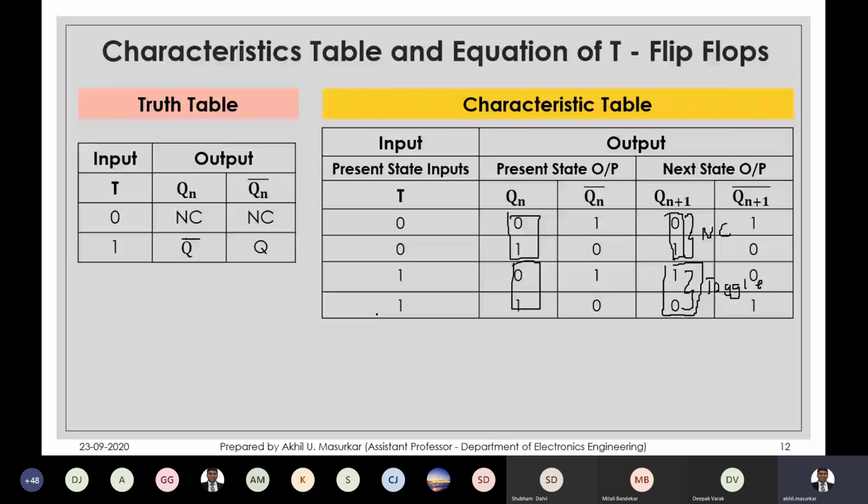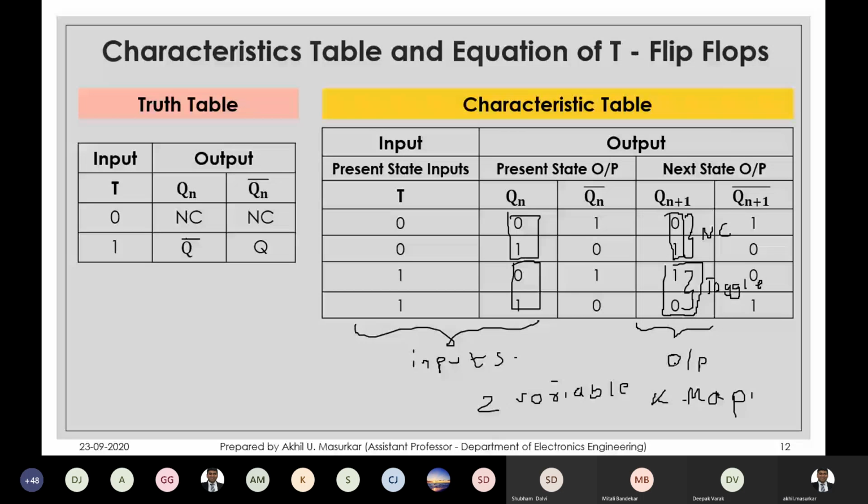This is your output in terms of T and Qn. So you will use a two variable K map. So what is the characteristic equation? By looking at Qn plus 1 only, you should be able to tell actually.